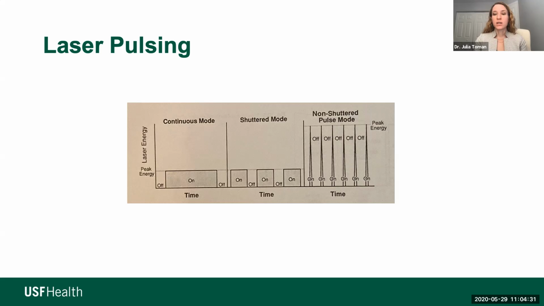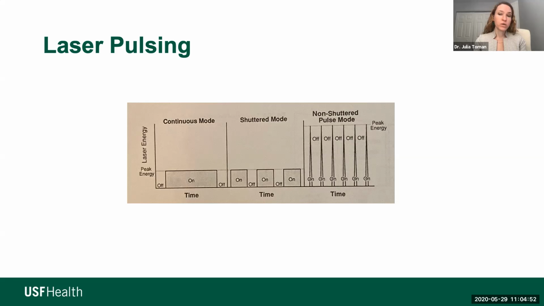When the energy is not reaching the tissue in these on and off periods, the heat is then allowed to dissipate from the tissue. And if that off period is longer than the thermal relaxation time of the tissue, there's less chance of damaging the surrounding tissue with heat conduction produced by the laser energy.